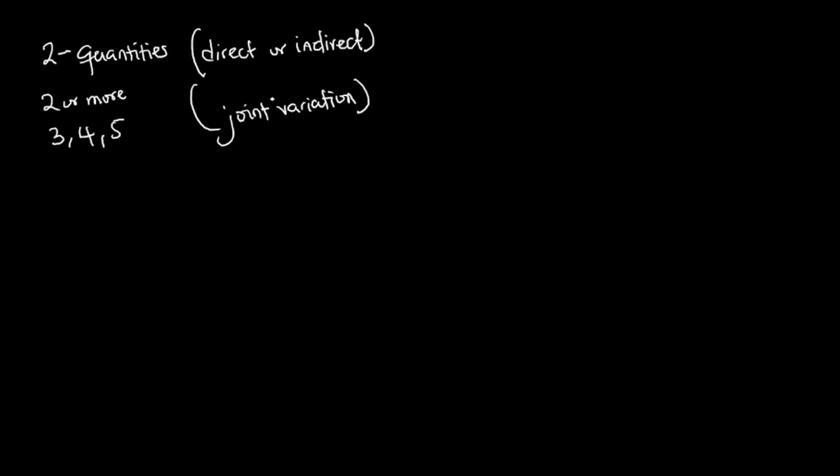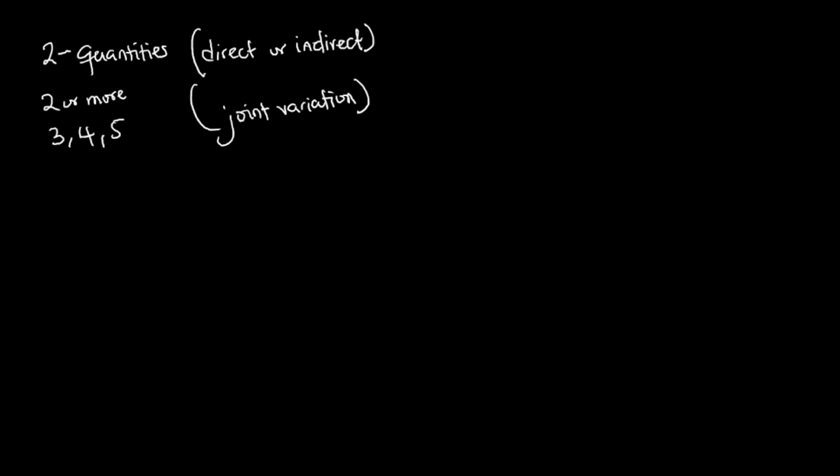A joint variation can include two direct variations or two indirect variations, or it can be a combination of a direct variation and an inverse variation all together coming to form a joint variation. So we have a joint variation existing between two or more quantities that are related to each other.